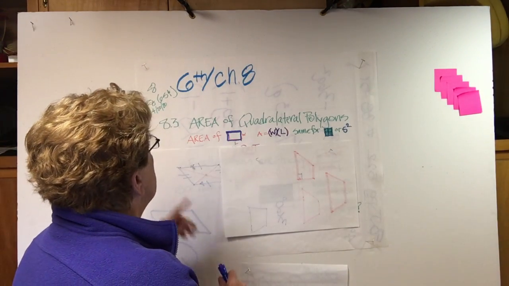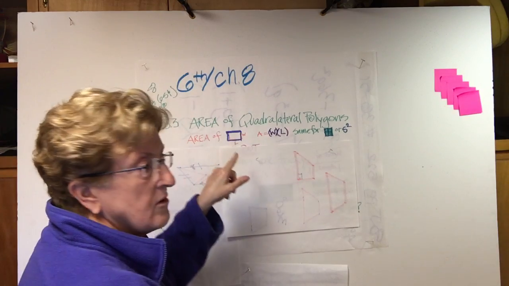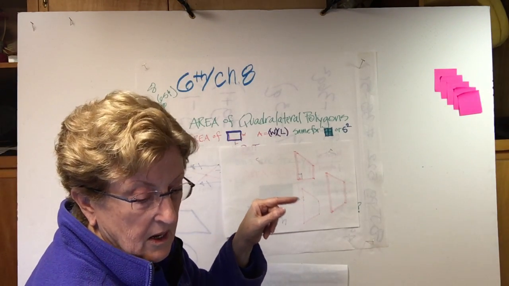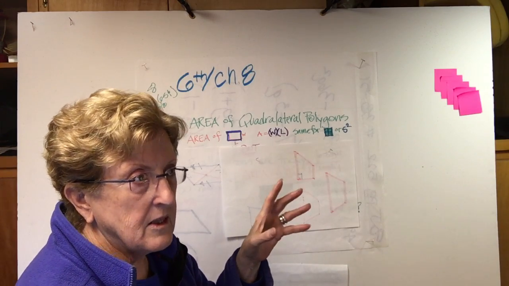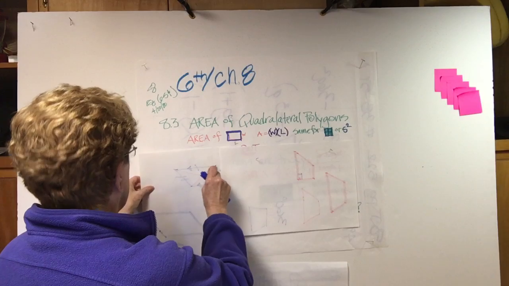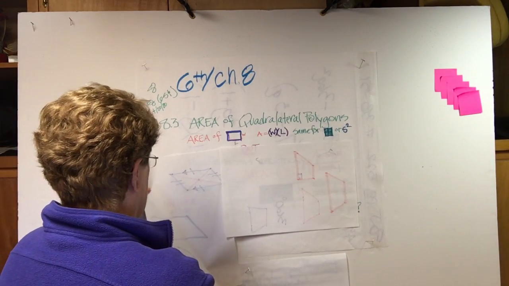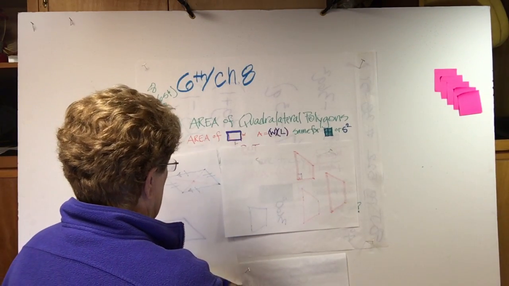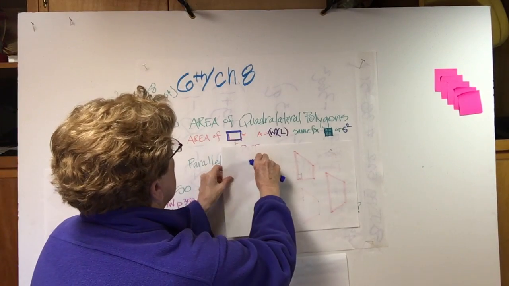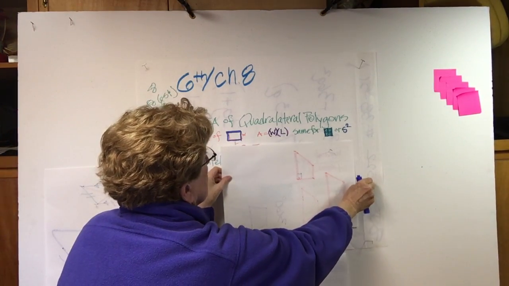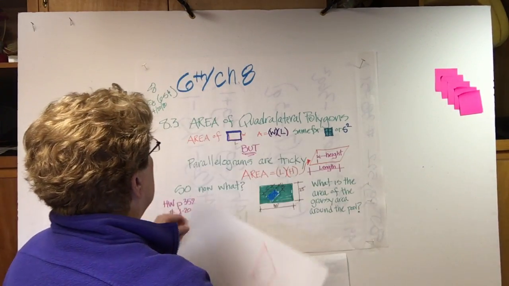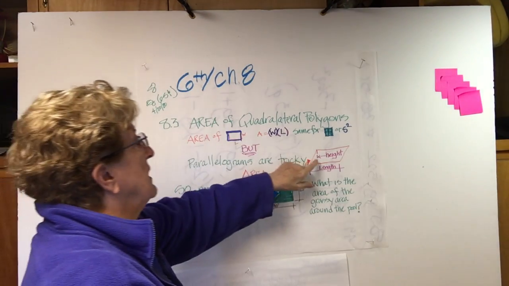All right. Now, the other quadrilateral that we're going to talk about in this section is the parallelogram, and it is a little bit trickier. And you have to be very careful that you do not use the side times the side. Parallelograms are trickier.